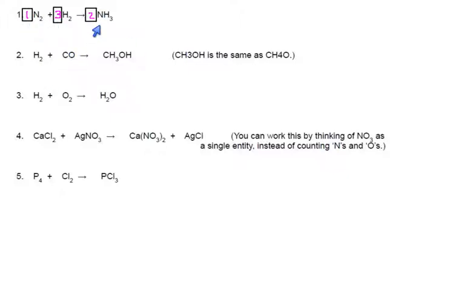Okay, let's try lots more of those and see if we can get comfortable. H2 and CO reacts to CH3OH. So, counting atoms here, we have 2 hydrogens on the left, and on the right we have 3 hydrogens, and 1 more here makes 4.